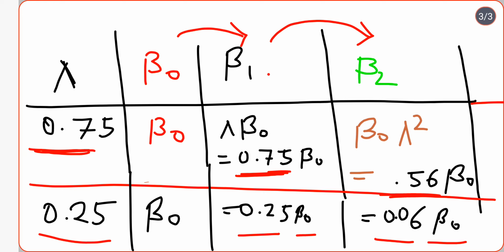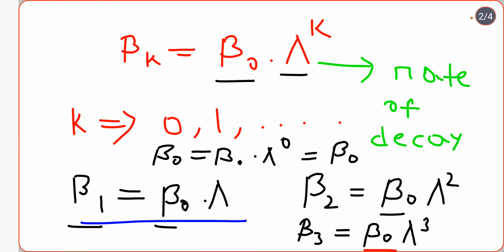So we have to remember that if lambda is close to 1, or if lambda equals 1, let me show it to you. If lambda equals 1 and I am estimating, suppose, beta 5, then beta 5 will also be equal to beta 0, right?